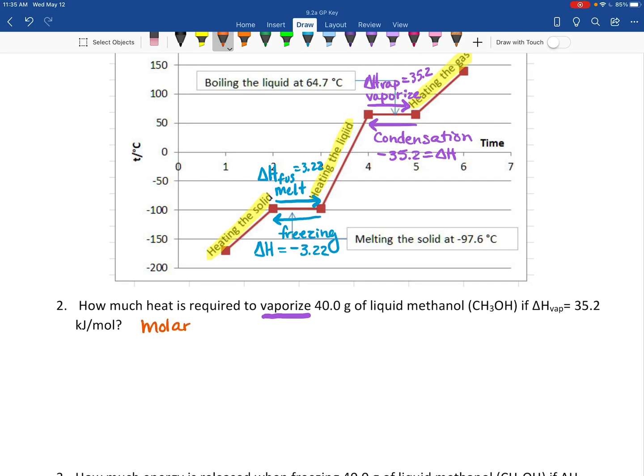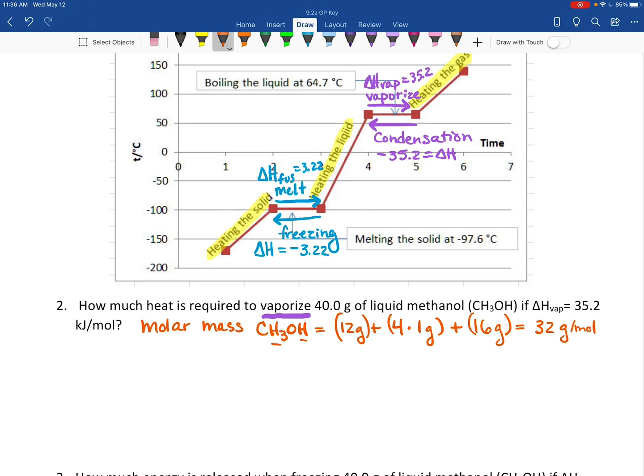So molar mass for CH3OH is going to be 12 grams for the carbon plus, actually there's a fourth hydrogen here, so 4 hydrogens, 3 plus another 1. So 4 times 1 gram for hydrogen plus oxygen is 16 grams per mole. And when we total all of that up, we should get 32 grams per mole.